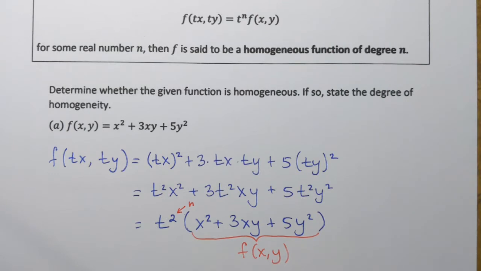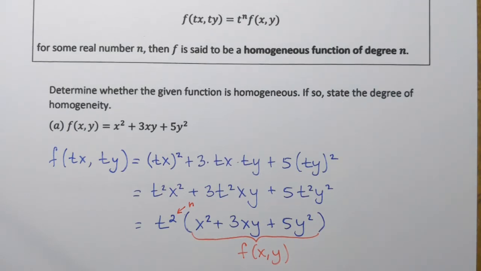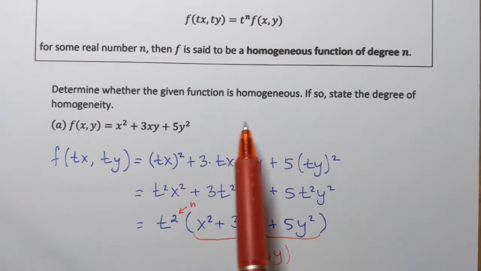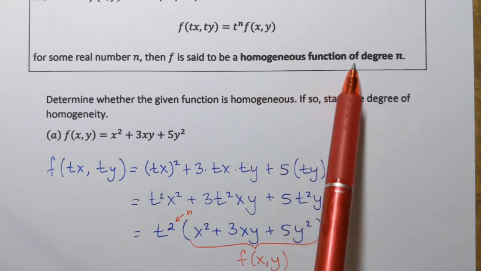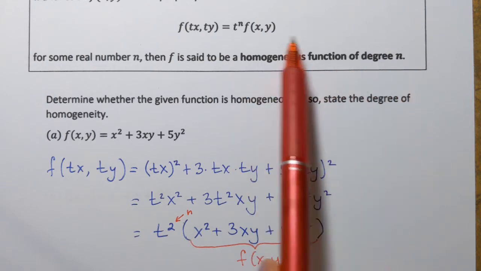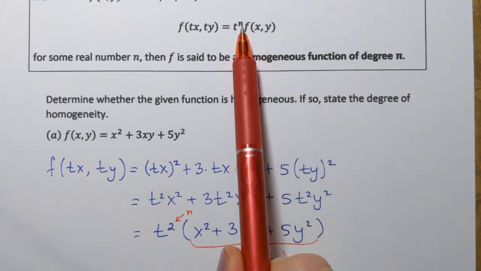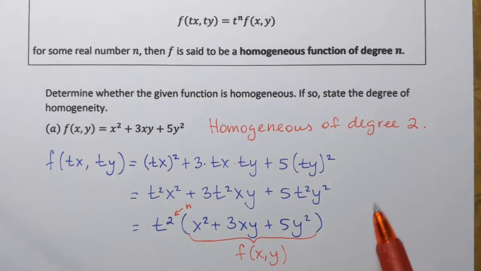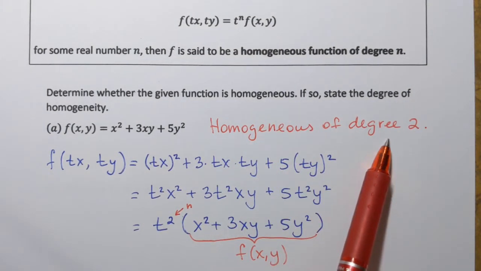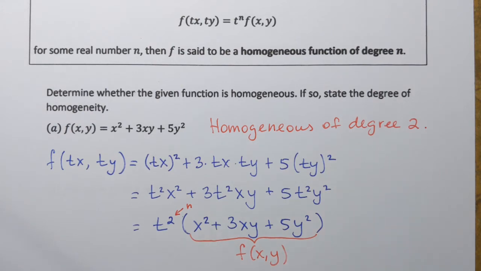And because of this result, now I can conclude that yes, this is a homogeneous function, and we were also asked to find its degree. So here in the definition, a homogeneous function of degree n, they're referring to this n, right? So this number represents the degree of homogeneity. So in this case it's going to be degree 2. That's the conclusion. Let's try another example.